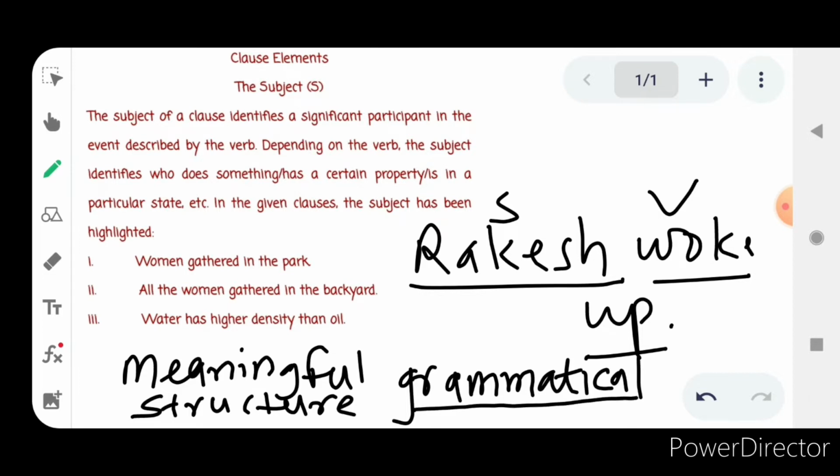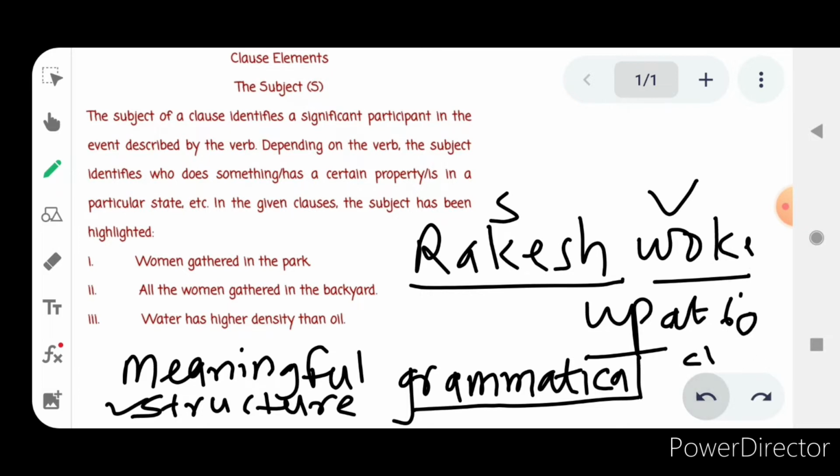A grammatical structure can be called only when there is this structure, subject plus verb. You may add something. Rakesh woke up at 6 o'clock. Oh, this is an addition, okay? But these additions can be more and more, but the minimum requirement to form a sentence is subject and verb.